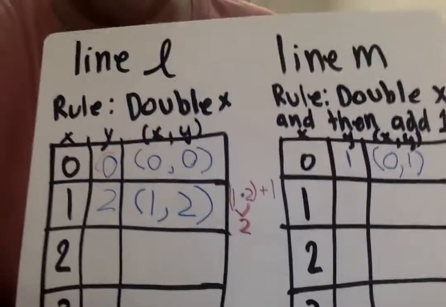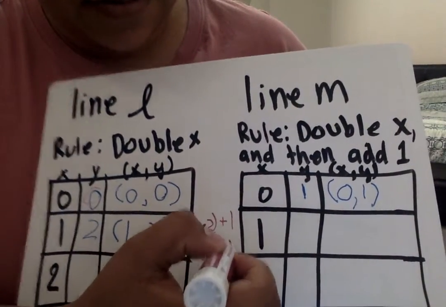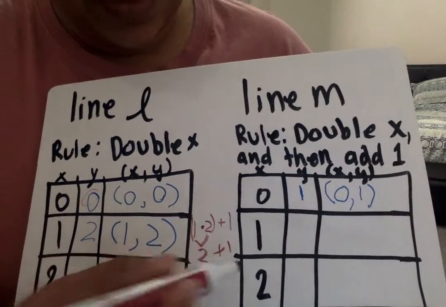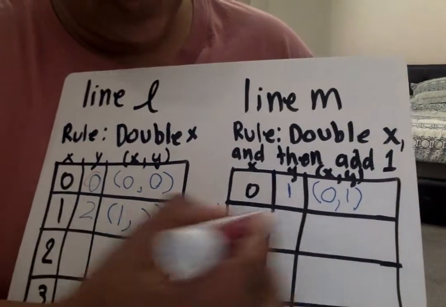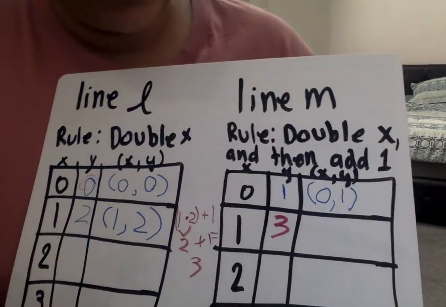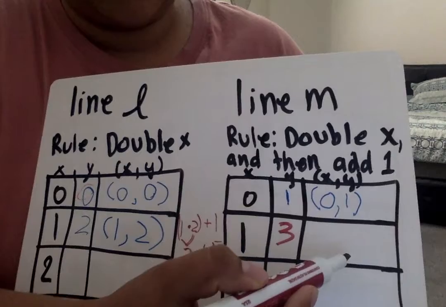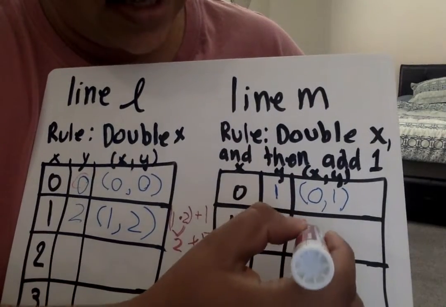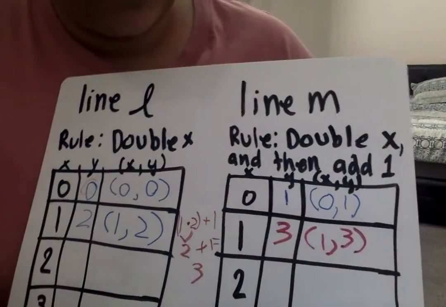Oh, you can't see that, I'm sorry. And then you would drop down and then you would add 1. So now 2 plus 1 equals 3. So now you would plug in your 3 for the y coordinate here. And now you have your coordinate pairs to plug in together over here. So that would be parenthesis 1, comma, 3, parenthesis.